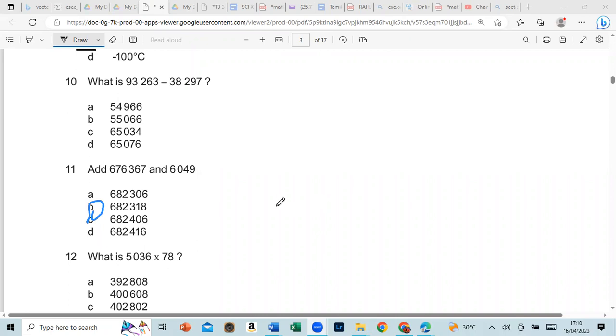Sir, is the answer for number 10 A? Yes. Everybody work it out for number 10, guys. What is the difference between 93,263 and 38,297? And see what you get.